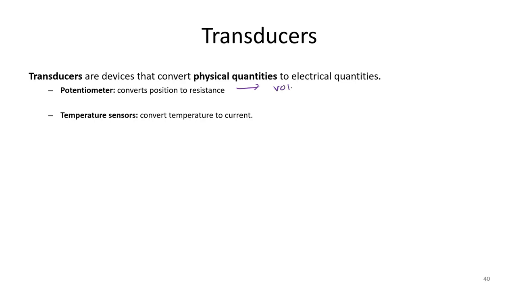It's like a volume knob, if you have an electric device with a knob that turns. Also, temperature sensors convert a temperature to a current, or sometimes they use a temperature-sensitive resistor in order to do that measurement. So if you think about your kitchen thermometer or many temperature sensors on the market, they rely on electrical sensors.